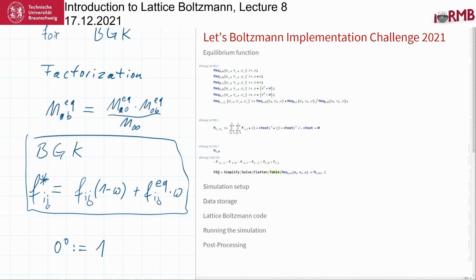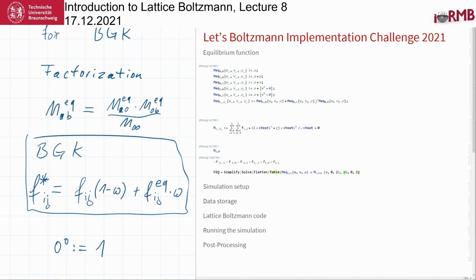So we have to specify the table of equations. So what is A? A goes from 0 to 2, so this is the moments 0, 1, 2. And also B from 0 to 2.